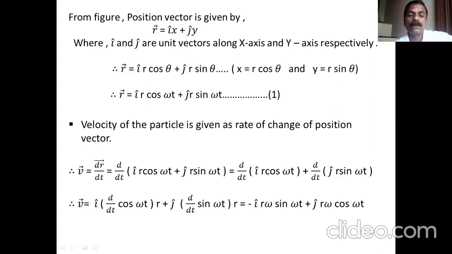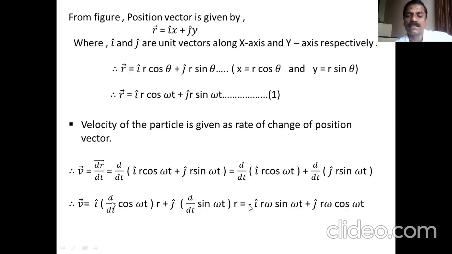Now you should know the derivative of cos has the minus sign, and the derivative of sine is cos only. So in the first bracket, the derivative of cos omega t must have the negative sign. Constants are taken outside, i cap r, and this omega is also taken as a constant, which is the constant angular speed, and the derivative of cos is minus sine omega t.